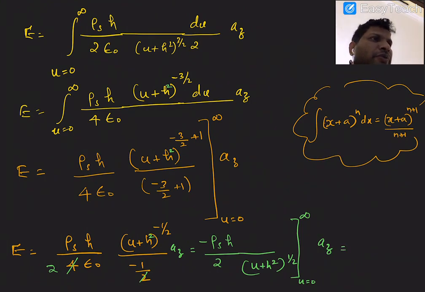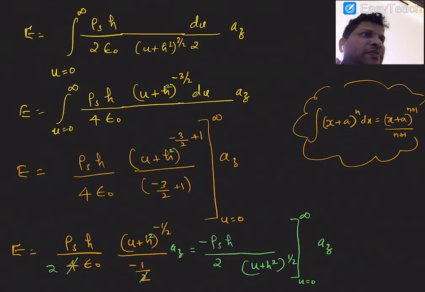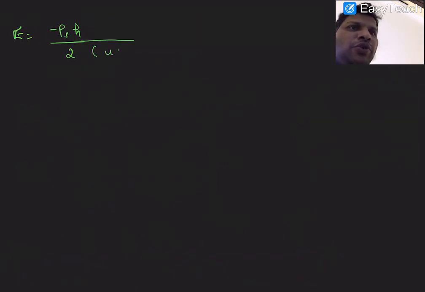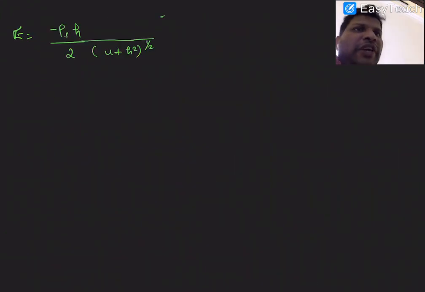Now I will use the next page. So I will rewrite the equation. Electric field is equal to minus rho s into h divided by 2, then divided by 2 into u plus h square whole power 1 by 2, and we have to put the limit u equal to 0 to infinity into Az.